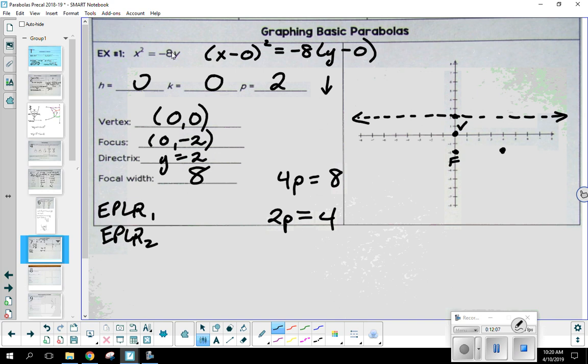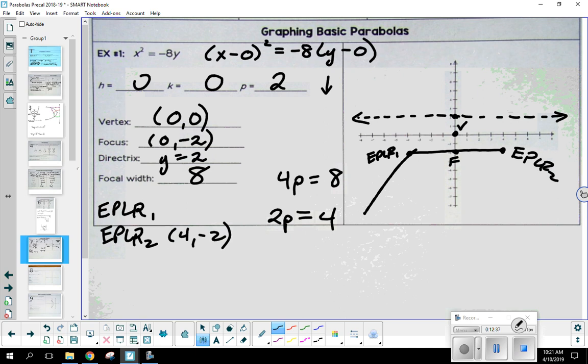Which EPLR is that one that I just located? That's 2. If it opens up or down, the one on the right is the second one. It would be at 4, -2. Okay, I got to go 4 left to find the other one. 1, 2, 3, 4. So this is EPLR1. This is EPLR2. Okay, and you'll notice they are 8 units away from each other. Okay, which is exactly what we should be seeing.